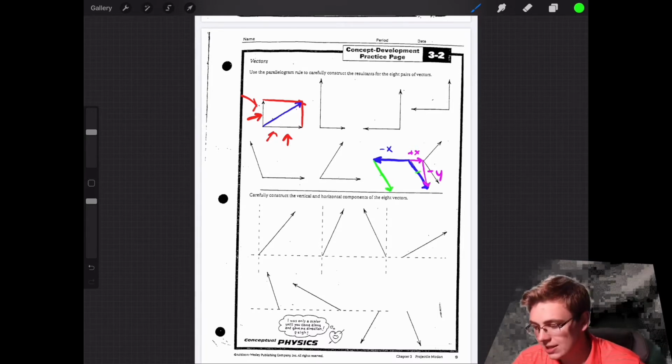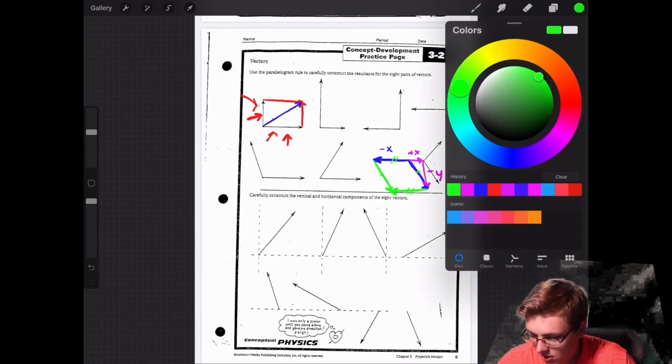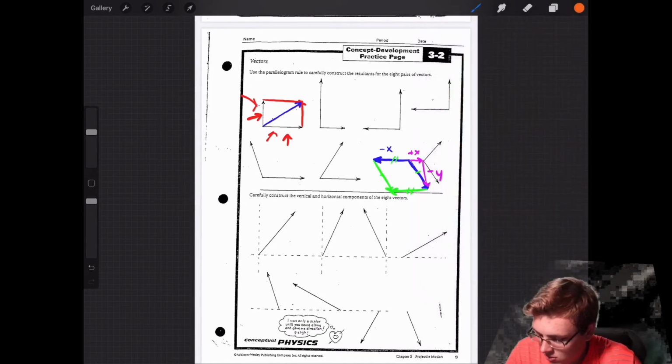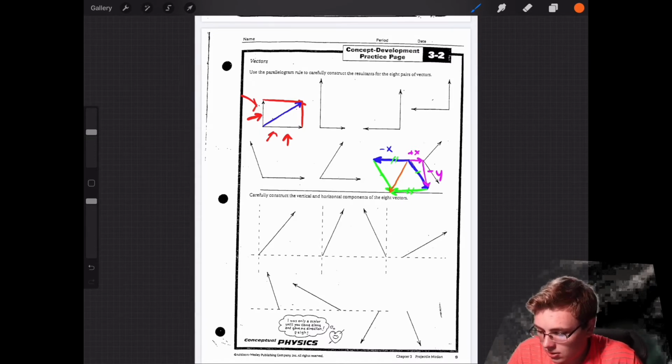Now if I see that, I can still draw my parallelogram and it doesn't matter where I draw this one parallel to here, this one parallel to here, and it doesn't matter because I just get my resultant.